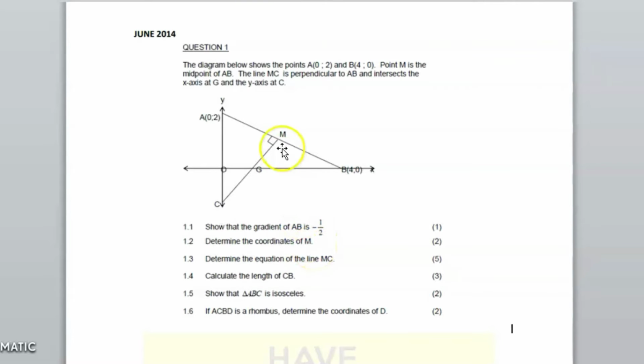The coordinates of M is what? It's the midpoint of AB. Now there's a formula for the midpoint of AB. These things are always provided along with your question paper during exams, so you don't have to know them or worry about how not to forget them. They are always there.